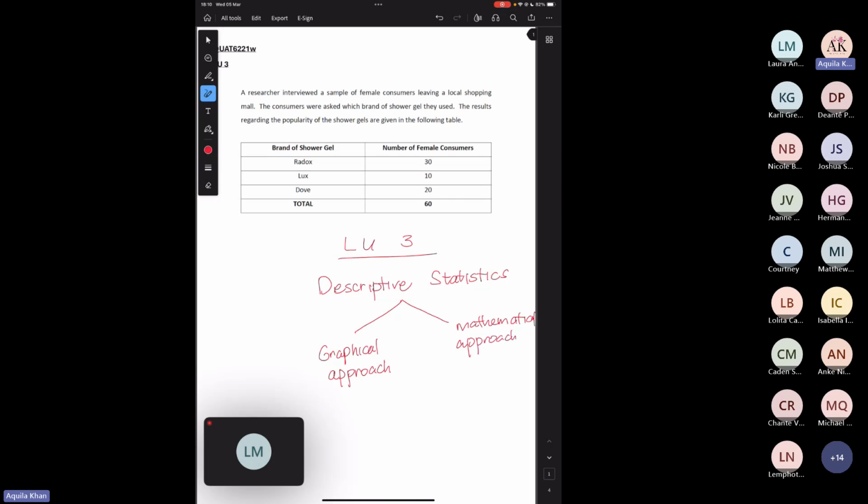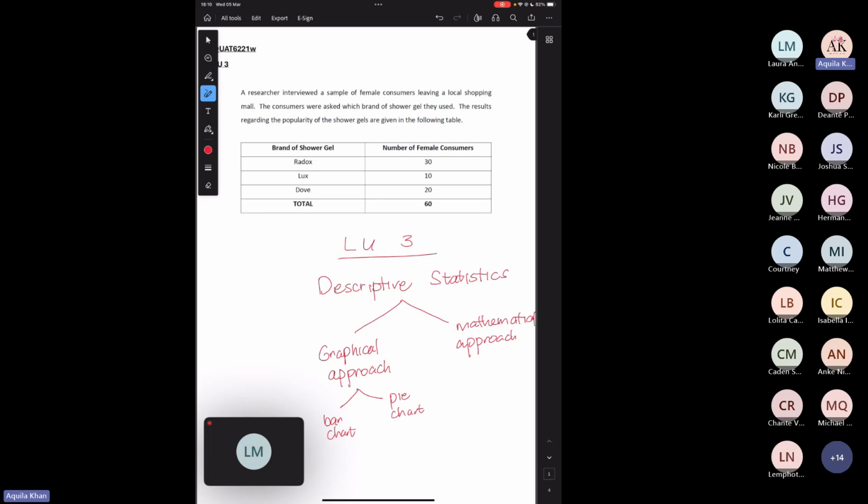The graphical approach is where we look at two graphs. It's called your bar chart, which I'm sure you're very familiar with and possibly work with very often. And you have a pie chart, also something you would definitely have come across before. I'm going to show you very quickly how to draw those up.